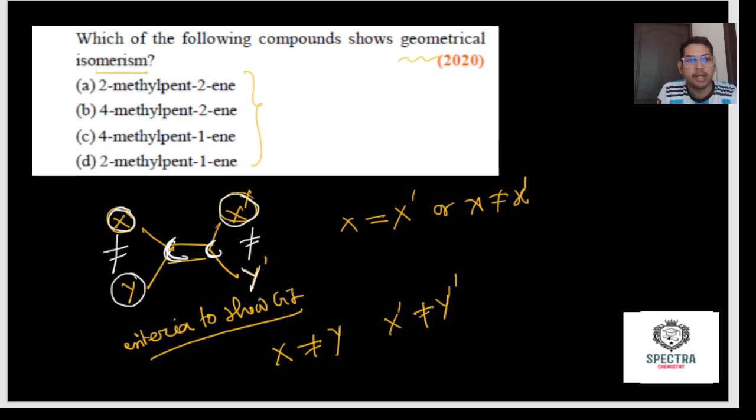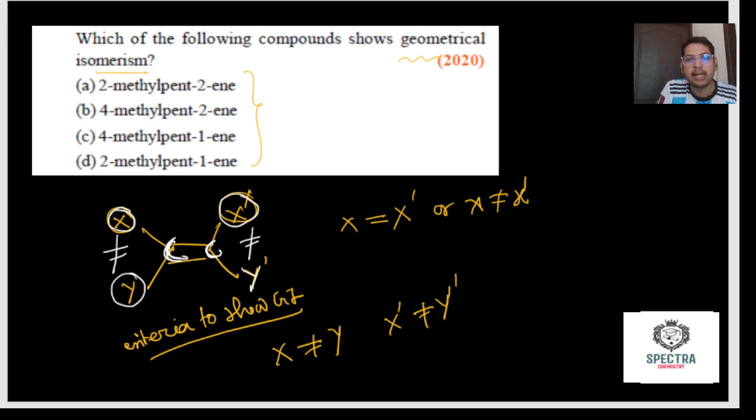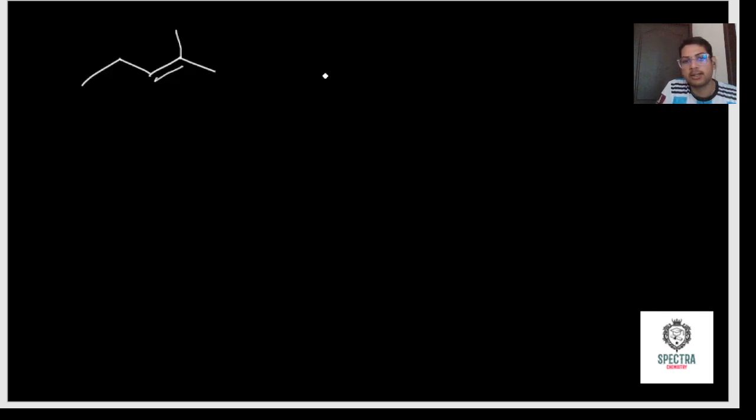So 2-methylpent-2-ene, and again you have to draw the bond-line formula. Pent-2-ene means 1 2 3 4 5, with the double bond at 2 and a 2-methyl. Then 4-methylpent-2-ene: 1 2 3 4 5, double bond at 2, and at the fourth position you have a methyl group.